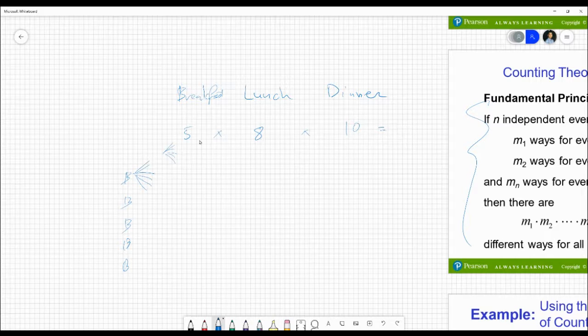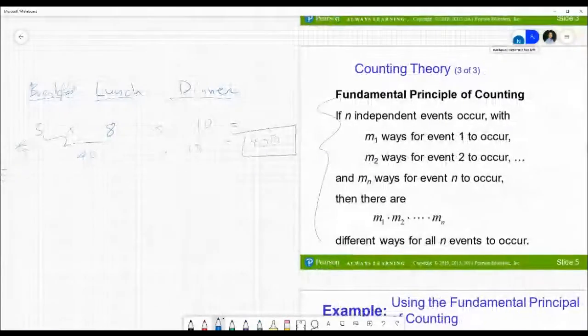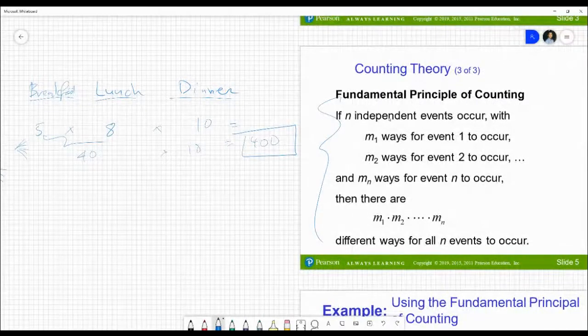So 8 times 5 is what? 40. Times 10 gives you 400. That means there are 400 different combinations you can make so that you have a breakfast, a lunch, and a dinner. So that is what the counting theory is.